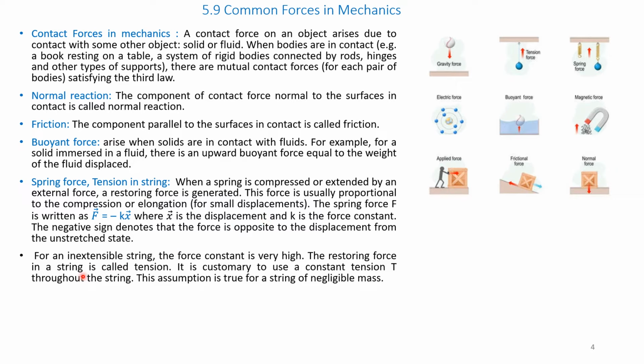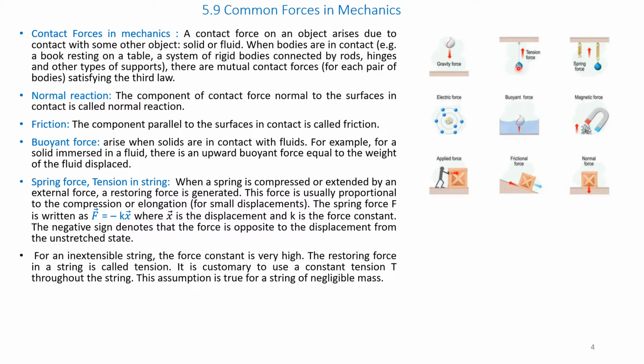For an inextensible string, the force constant is very high. So here, instead of a spring, if you simply attach a string to a body and the other end is on the ceiling, then there is a tension. The body is connected to the ceiling through a string. Hence, there is a tension.